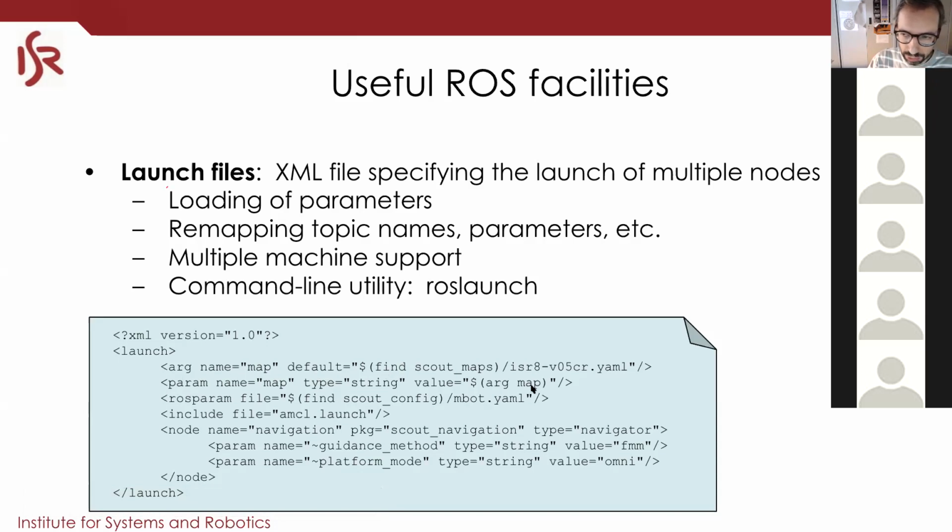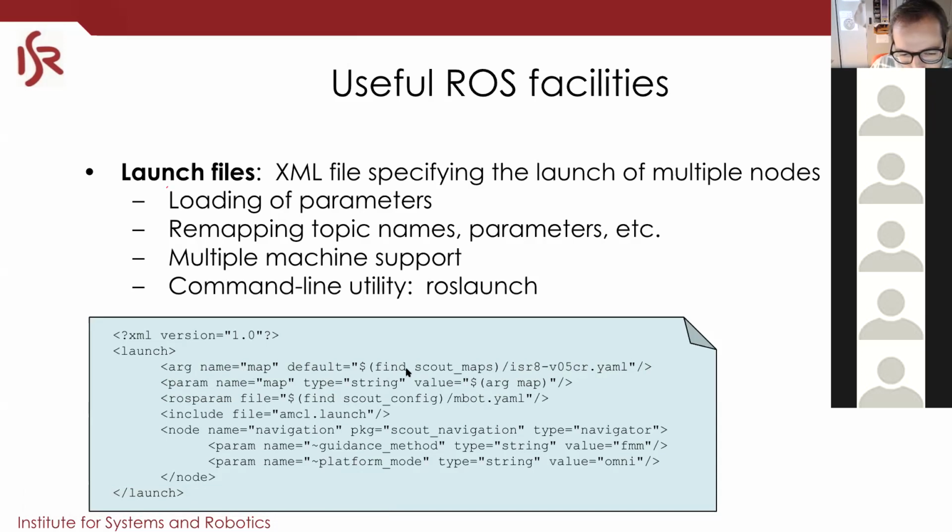You can set parameters to values. In this case, you have one argument, which is the map. This was for the ISR cobot robot a long time ago. The purpose here is to define one argument with the default value. This is the YAML file that defines where the map is, ISR 8th floor version 5. I don't remember exactly what it is, it was a long time ago.